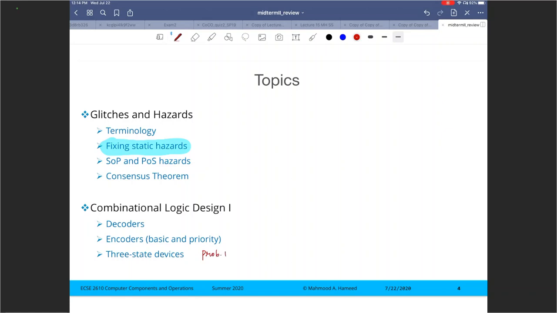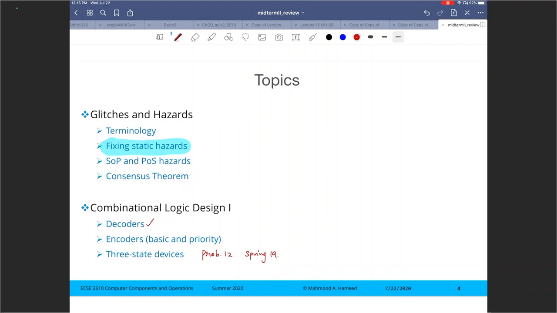So problem 12 on spring 19 back exam. It's a very interesting problem. It has a very funny answer as well. So I recommend you to go through that problem. It actually covers tri-state devices as well as decoders in that one problem. But it's an analysis problem. So it's about how, given a circuit, how do you analyze its behavior.